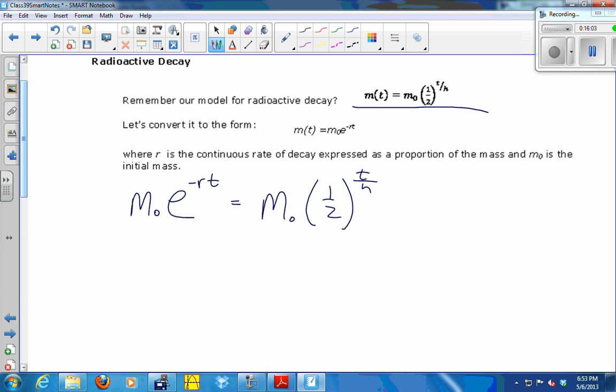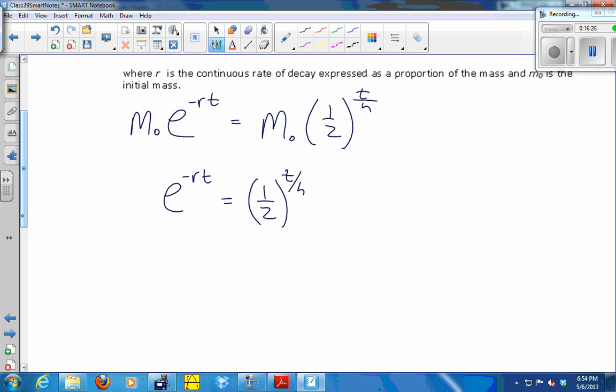So I got to figure out what things have to be equal to make this conversion. So the M0 is the same in both equations, so I can divide that out. And I get e to the negative RT has to equal 1/2 to the T over H. Now I'm going to do the same little trick I did with the growth one.